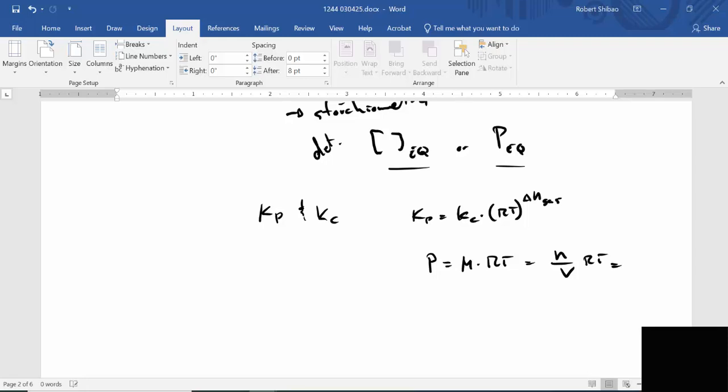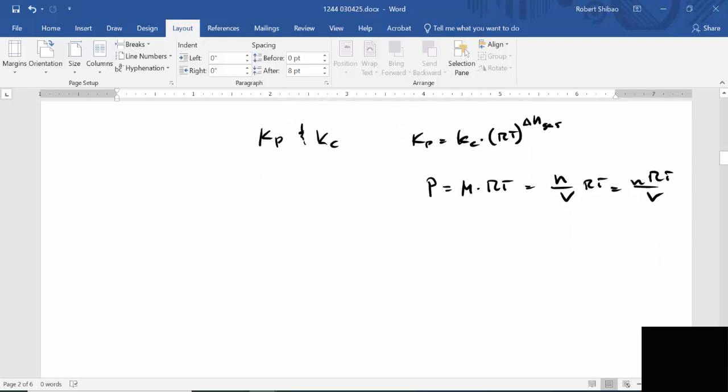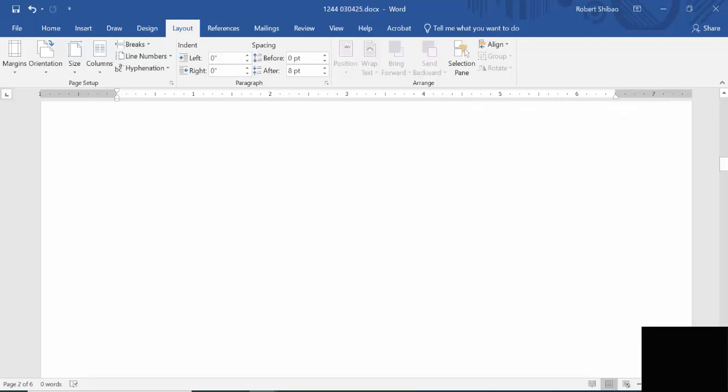In other words, P is equal to nRT over V. And this is where I come up with the equation from. We have the delta n of gas term there because the units don't cancel between the numerator and the denominator. When the units cancel, then they're the same thing. That's another way of thinking about this. But anyway, we have the stoichiometry.